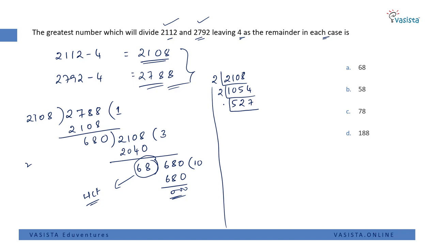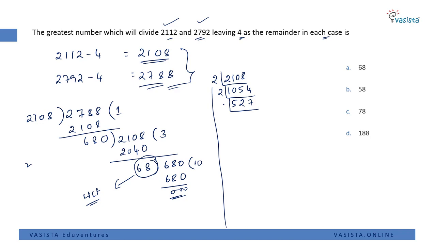527 divided by 7 is going to be difficult. Let me go with 9. 5 plus 2 plus 7 is 14, so it is not possible to divide. So now which number can I divide by? That is what we need to check. It will take time.